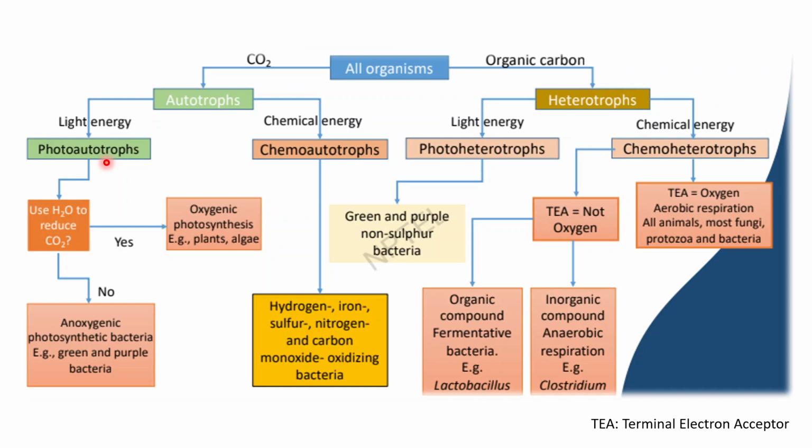Whenever we use this term energy, we mean that the goal of any living being, whether plants, animals or microorganisms, is finally to survive, and survival is possible only in presence of ATP. So photoautotrophs are the ones that can use CO2 and light energy to produce their own energy.